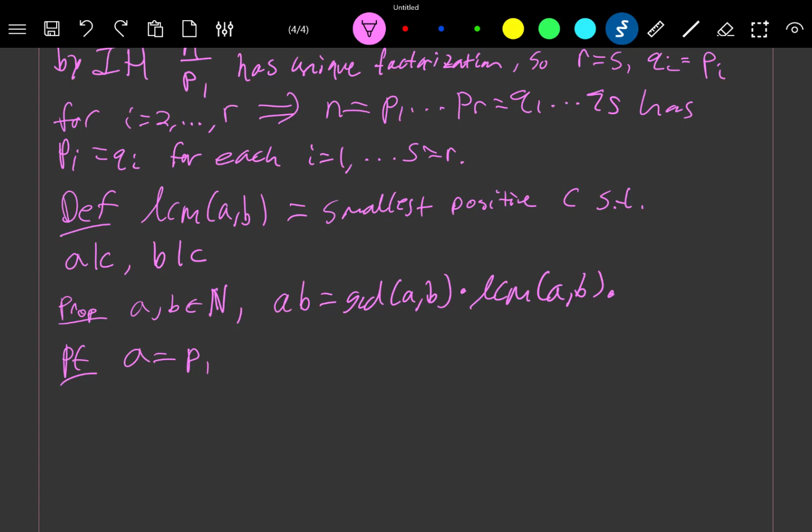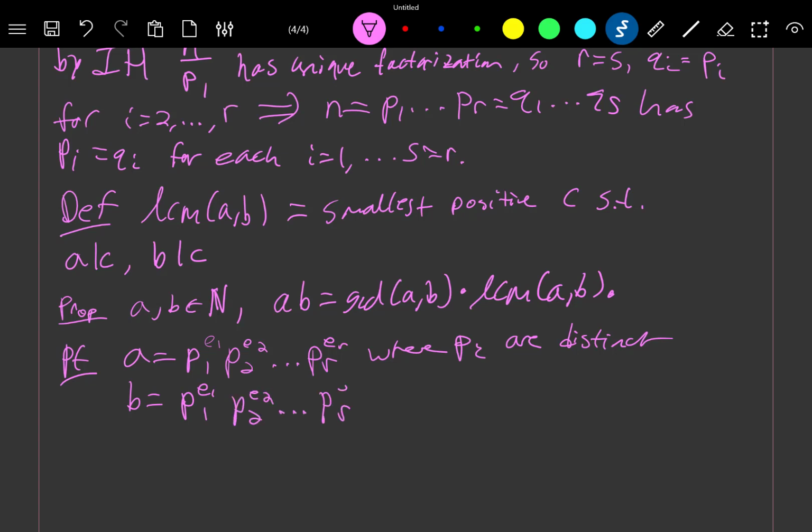A is P1 to the E1, P2 to the E2, through PR to the ER, where the Pi are distinct, and B is also equal to P1 to the E1, P2 to the E2, through PR to the ER.